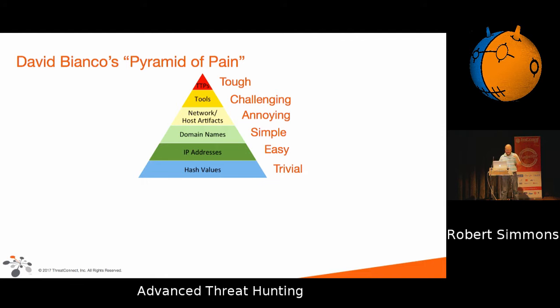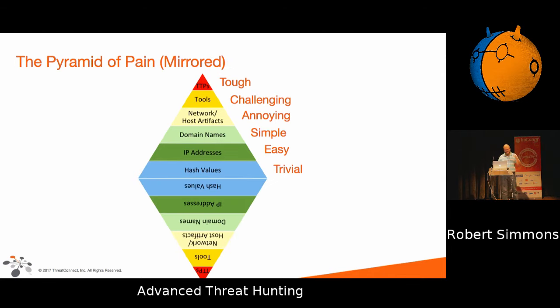So the concept of what I'm going to share with you today is a process. I know we've watched a lot of very technical talks. This talk is not going to be very technical. This is going to be more process-driven, and I want to share the process with everyone because I think the inverse pyramid of pain, if you consider the things that we as defenders of a network develop, the most effective thing for us to share, and the most difficult thing for us to develop, is processes.